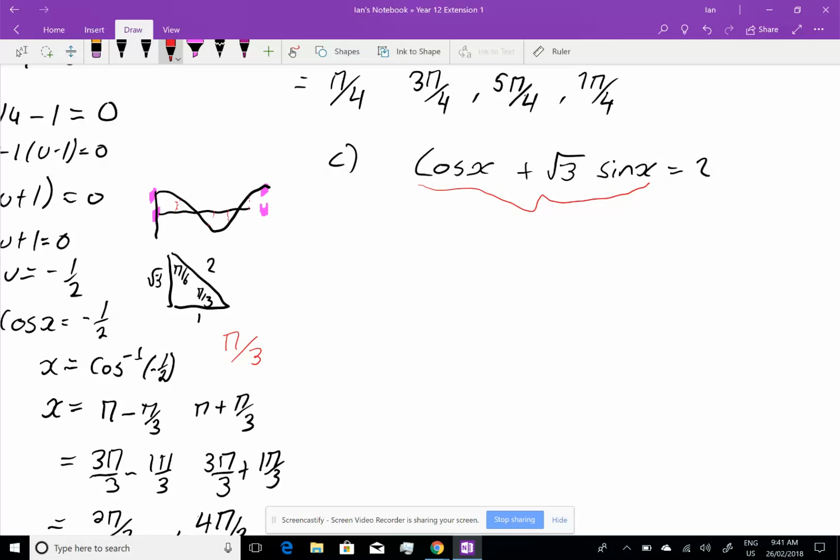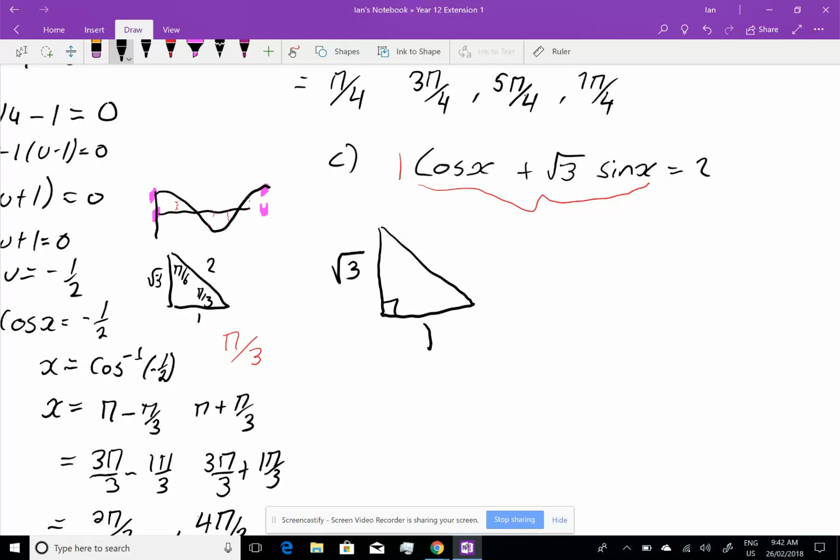So the first thing you do is you draw yourself a right angled triangle. And you've got to remember there's a 1 in front of that cos x. And then you put those on the short sides of your right angled triangle and you work out the hypotenuse.